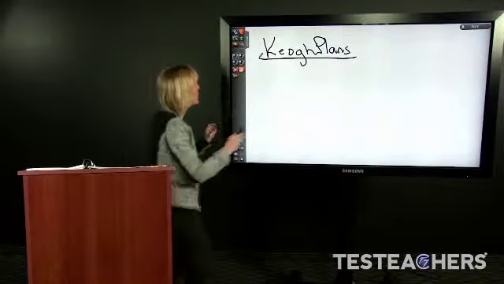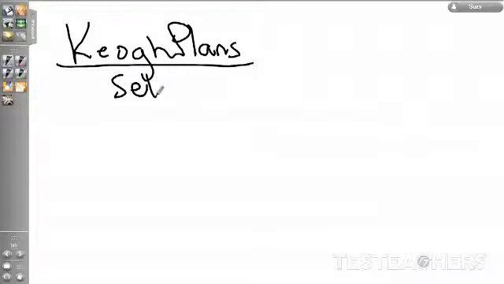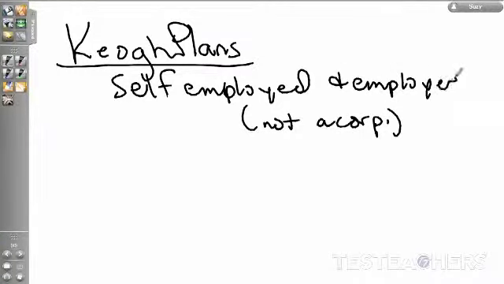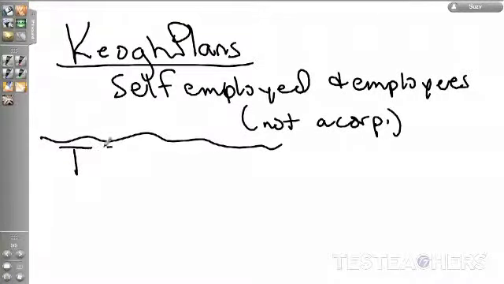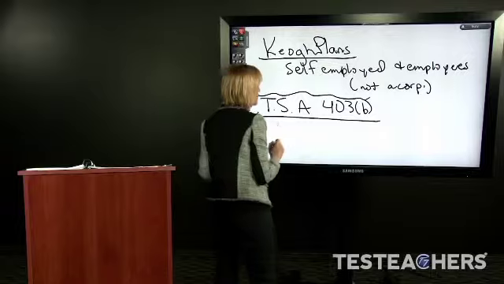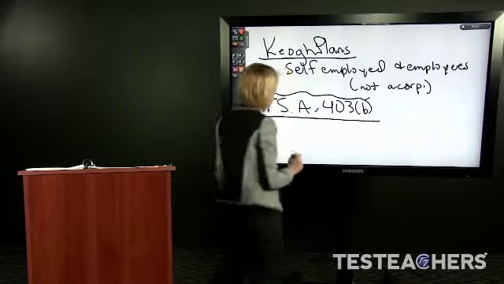A TSA, Internal Revenue Code 403(b). So we had a Keogh for the self-employed, not a corporation. That was not allowed. So Keogh: self-employed, and employees. Internal Revenue Code 403(b) describes what is called a TSA, a tax-sheltered annuity.